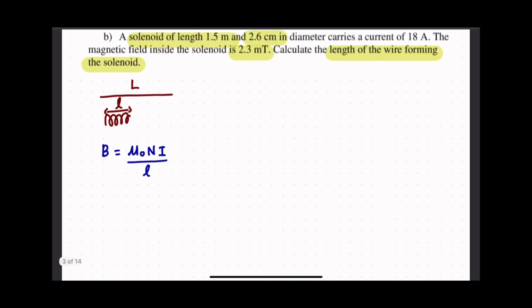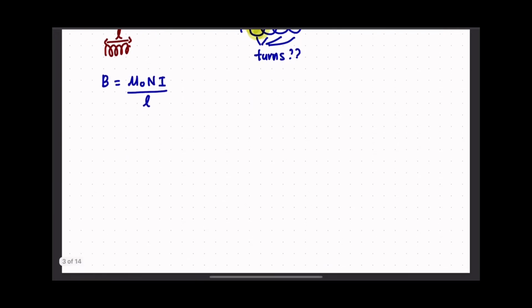Okay, untuk dapatkan length of the wire forming, kita nak dapatkan muka dia tu. So kita kena cari dulu berapa banyak dia punya turns. Sebab awak nak darab dengan berapa banyak dia punya circumference. You dapat satu circumference, you kali dengan berapa turns untuk dapatkan dia punya length of the wire forming the solenoid. So first kita cari number of turns dululah.